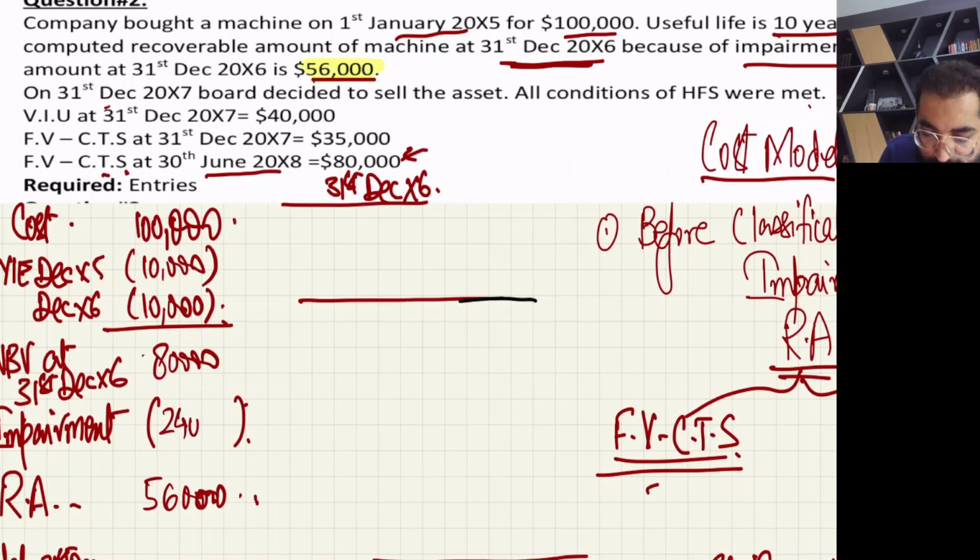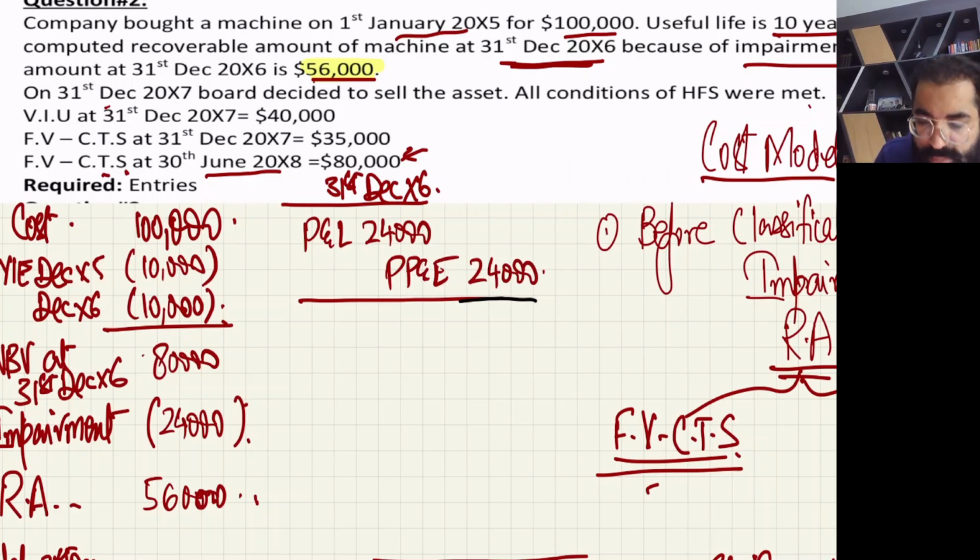The entry of impairment will be P&L debit 24,000 and property, plant and equipment credit 24,000. So this is our first impairment and there is no IFRS 5 till now.